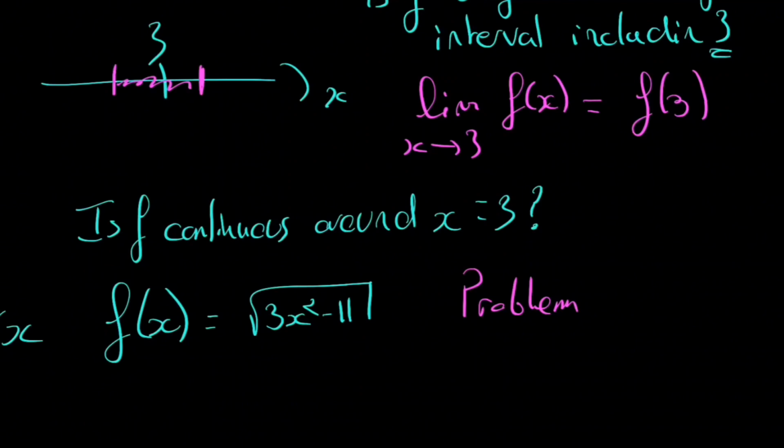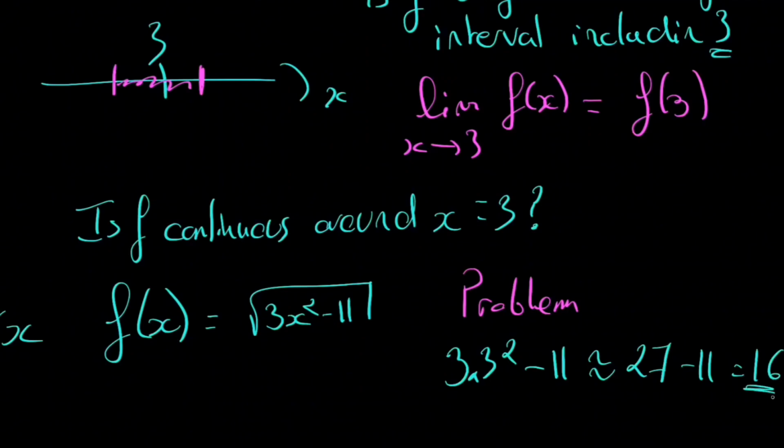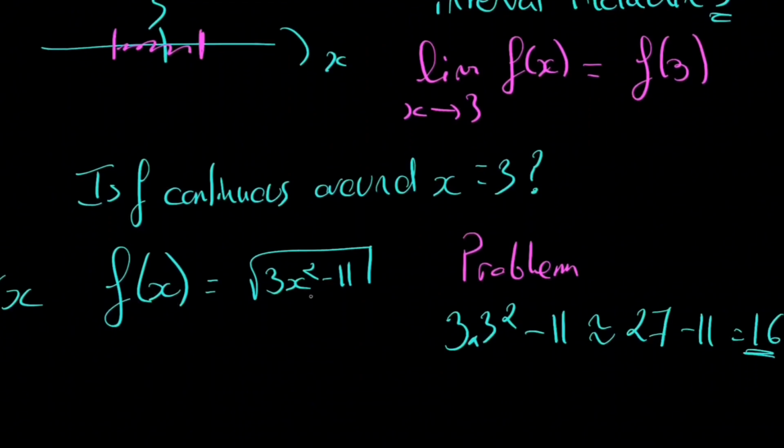Okay, so around 3 we've got 3x squared minus 11, which is more or less equal to 27 minus 11, equal to 16.